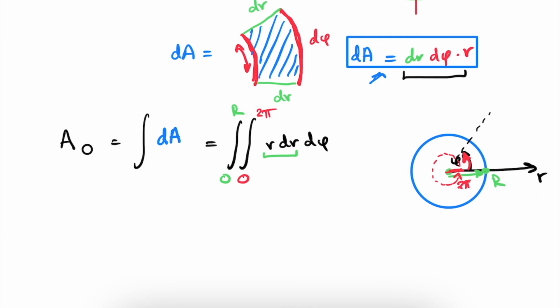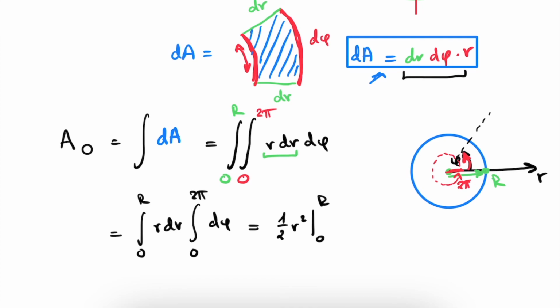And at this point, we have our integrals that we want to calculate. We have the integral from 0 to capital R of r dr, and we have the integral from 0 to 2 pi of d phi. And this we can very easily calculate because we get 1/2 times r squared filled in the boundaries, multiplied by phi filled in the two boundaries.